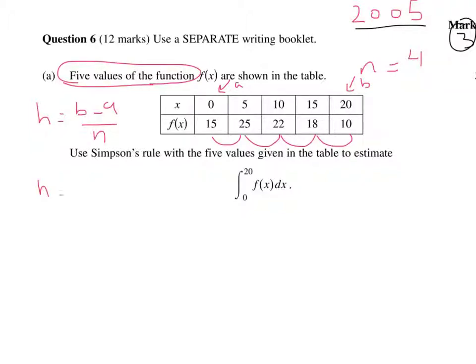So h is actually equal to 20 take away 0 over 4, which gives you 5. So you've got h. Now, odd and even, if I wanted to label them, I might say, okay, this is y0, this is y1, y2, y3, y4.